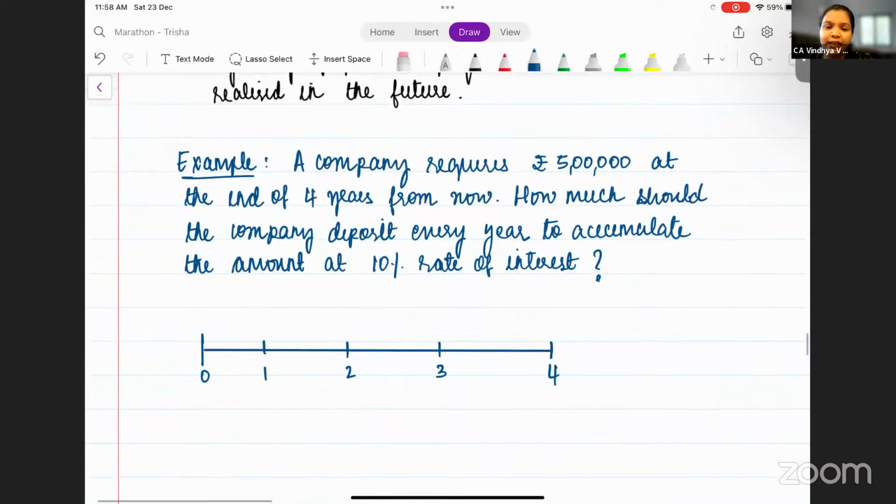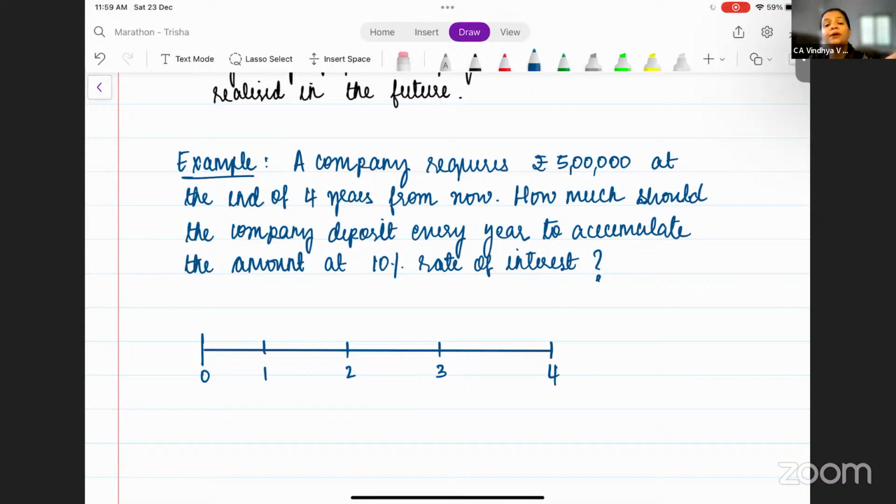Now here I've given you an example. A company requires 5 lakh at the end of 4 years from now. How much should the company deposit every year to accumulate the amount at a 10% rate of interest? So at the end of 4 years, the company needs 5 lakh rupees.